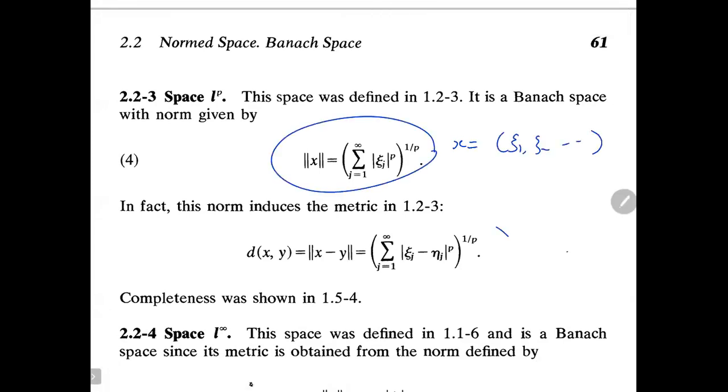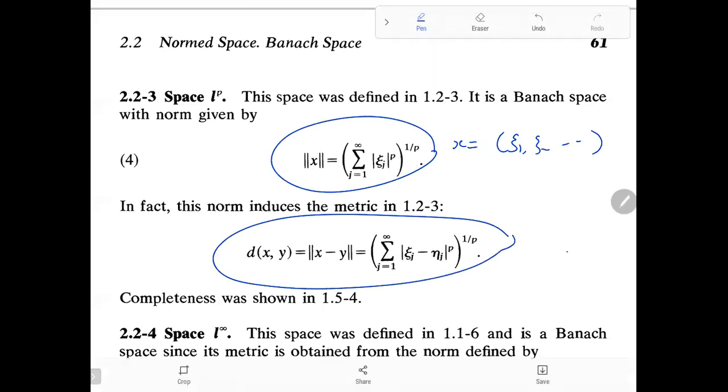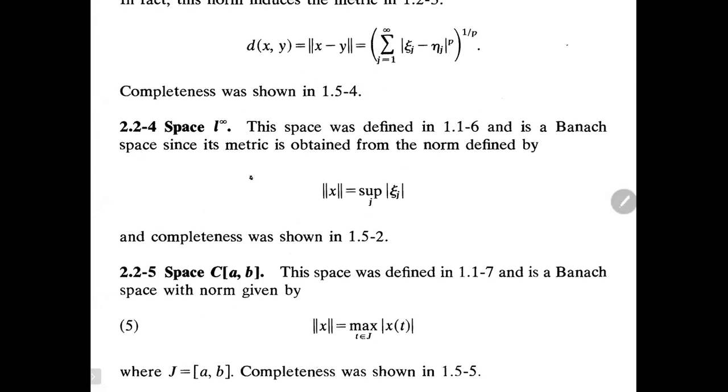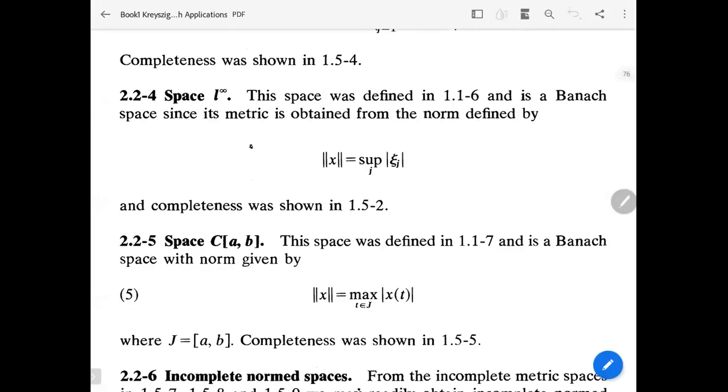The norm you can define this way, and the metric induced by the norm is this one. Similarly, you have l infinity, the space of all bounded sequences. The norm of a bounded sequence is the supremum of the absolute value of xi. So you consider the absolute value of each term of the sequence and take the supremum. The sup exists because it is a bounded sequence.